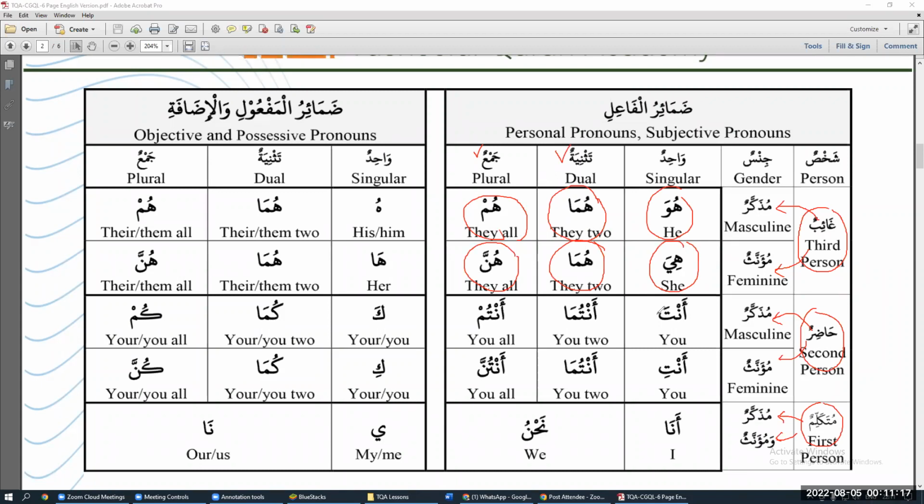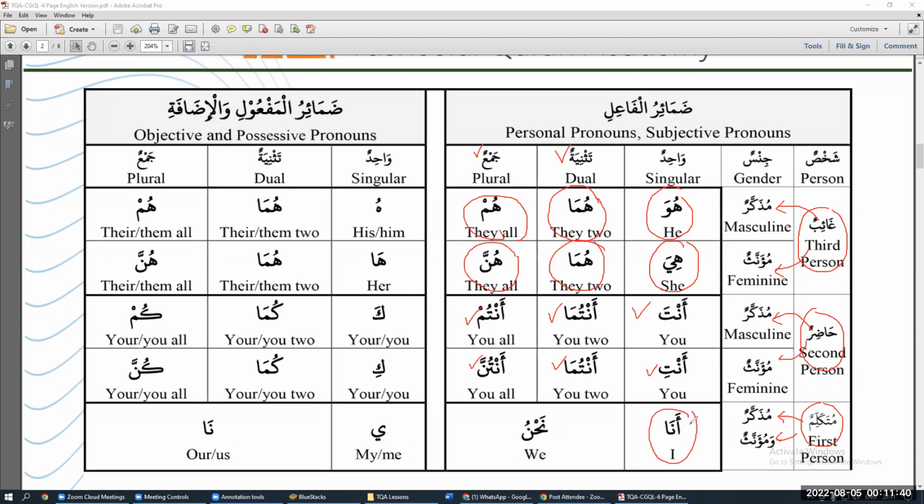Similarly, in the hadir group you have anta, you; anta, antuma, antum. Muannas, feminine: anti, antuma, antunna. And mutakallim, the one who speaks: ana.